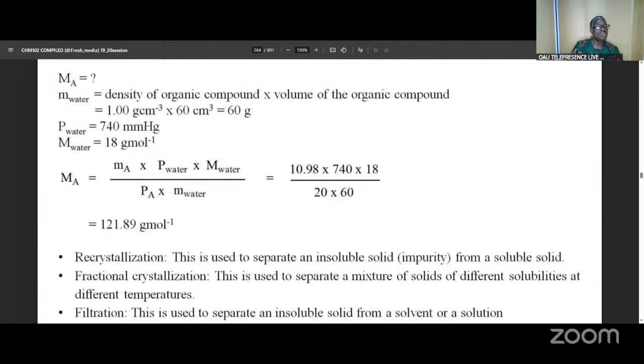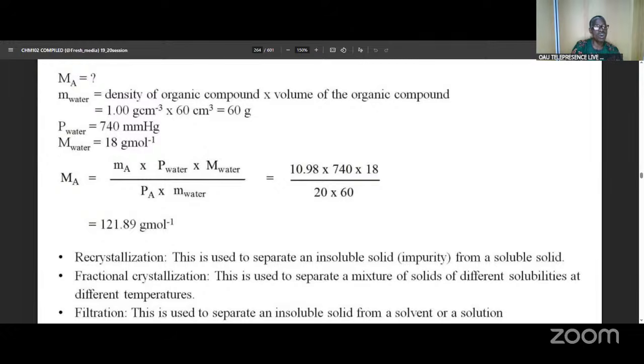Now we have the mass of water, which is the density of water times the volume of the distillate. And from this, you can calculate, of course, the molecular mass of water is 18 grams per mole.